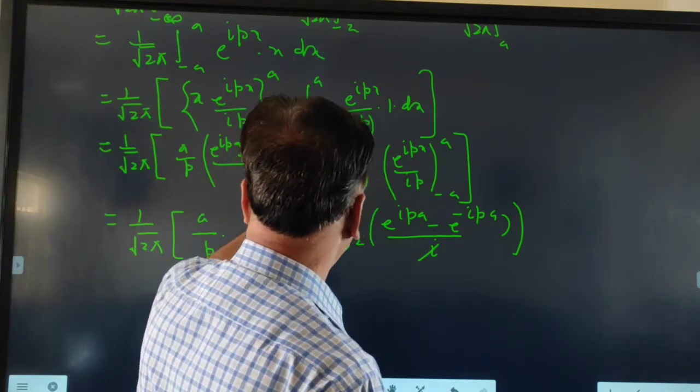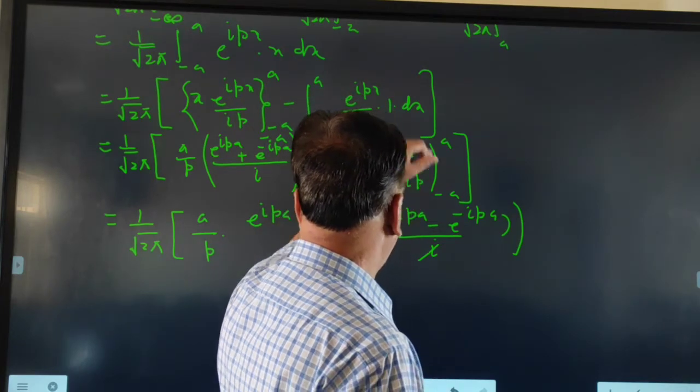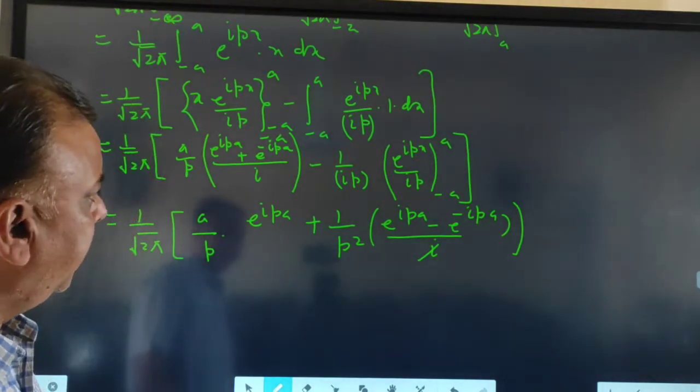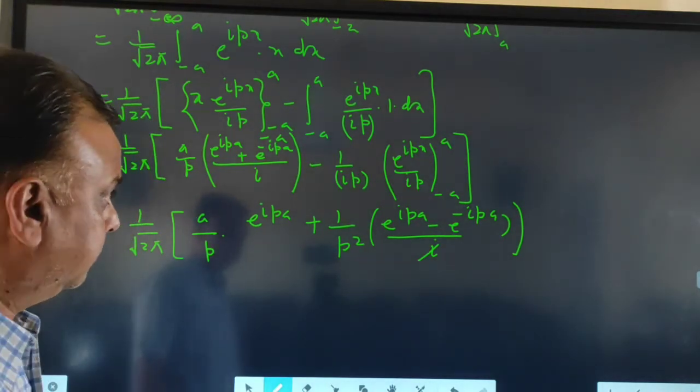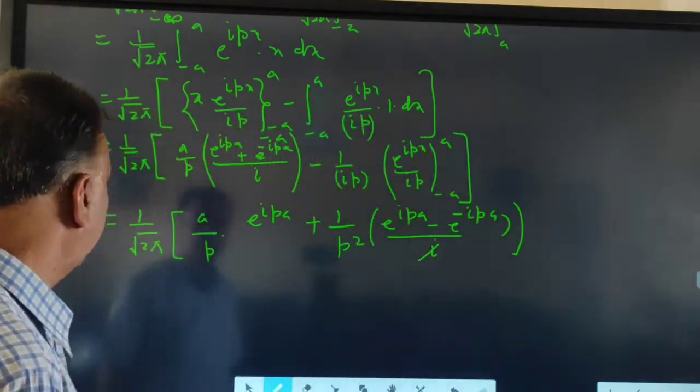Minus 1 upon iota p integral from minus a to a e raised to iota px dx, and the integration of e raised to iota px is e raised to iota px upon iota p, with limits from minus a to a.